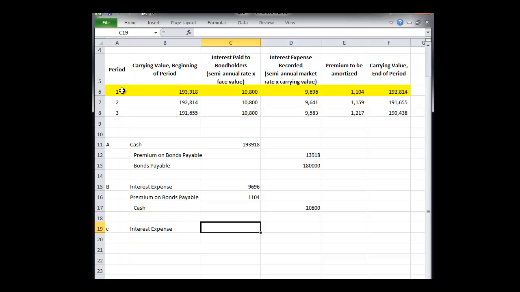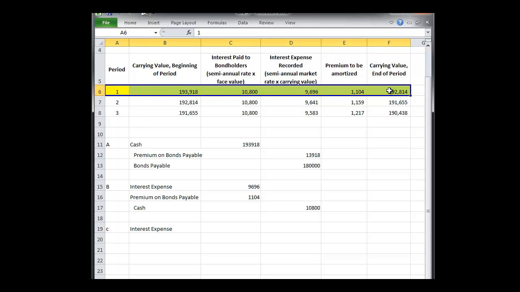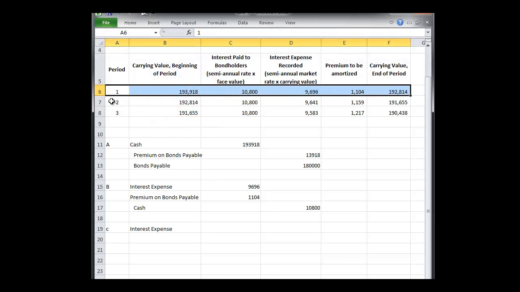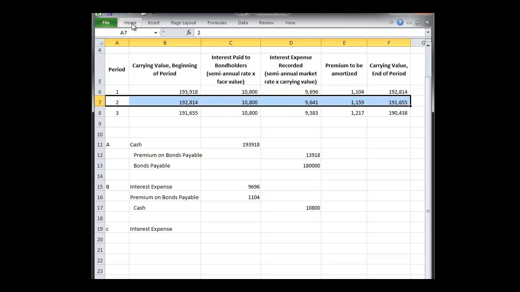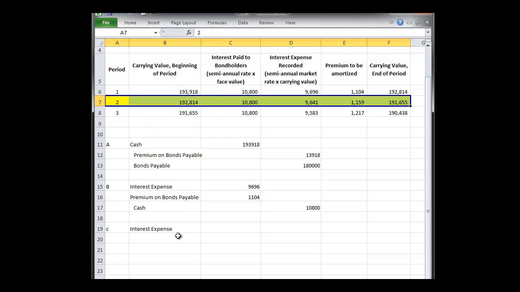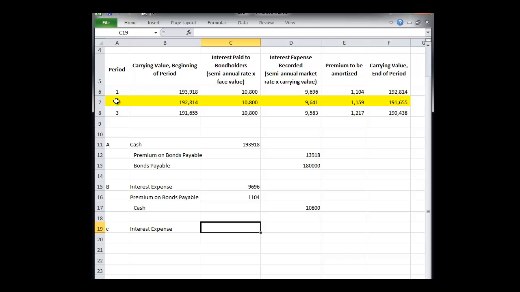But is it going to be half of period 1's amount or period 2's amount? I'll let you think about that for a minute while I change my highlighting. Well, as you probably guessed by which one I highlighted, it's period 2, because we're now in period 2, and it's period 2's interest expense that we're now accruing.